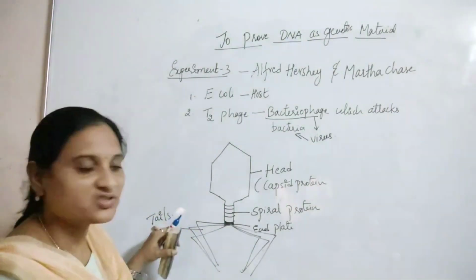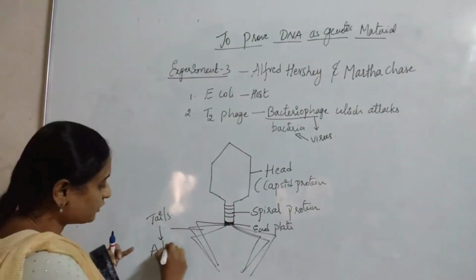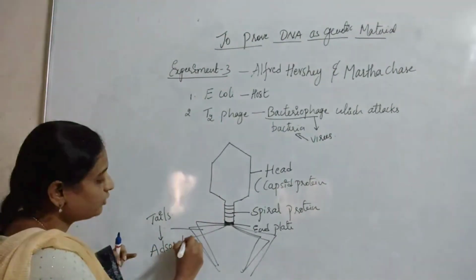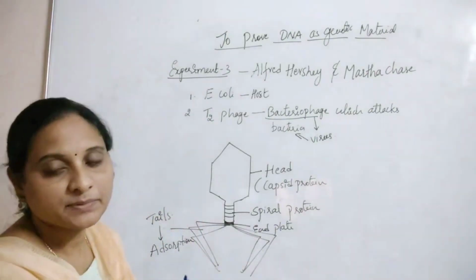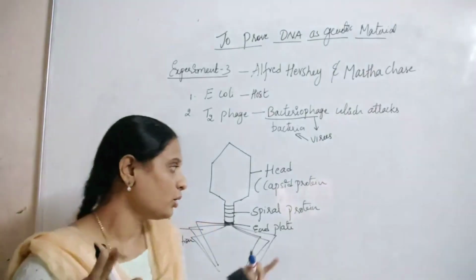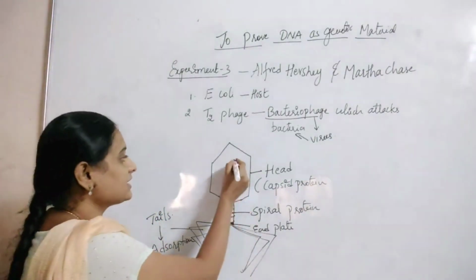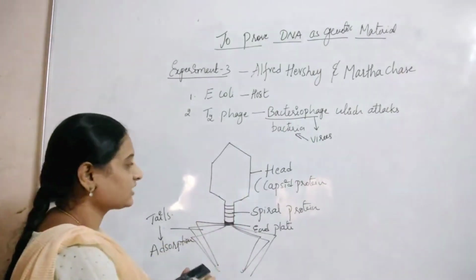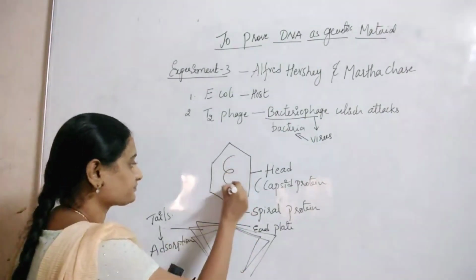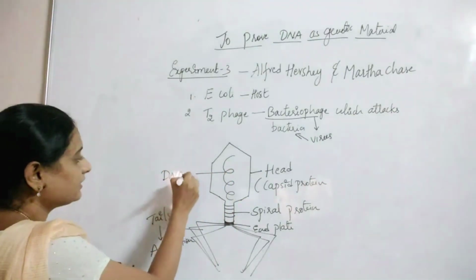These tails are generally used for adsorption on the host cell. The main purpose of tails is to adsorb on the outer surface of the host. The head part contains the genetic material, nothing but DNA.